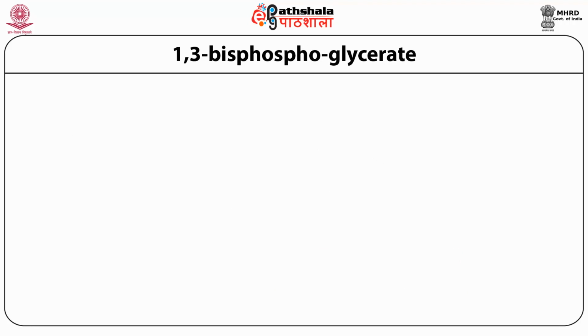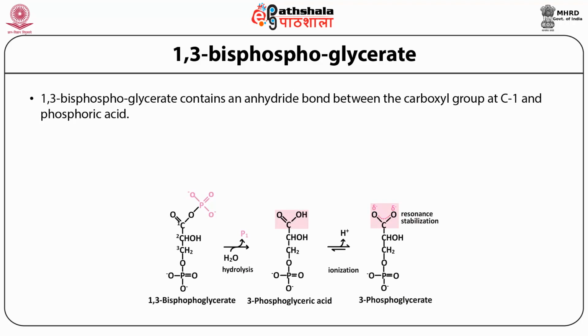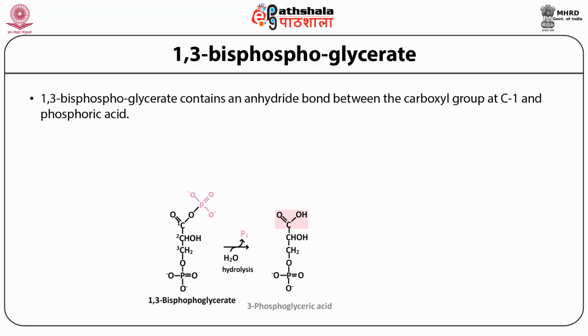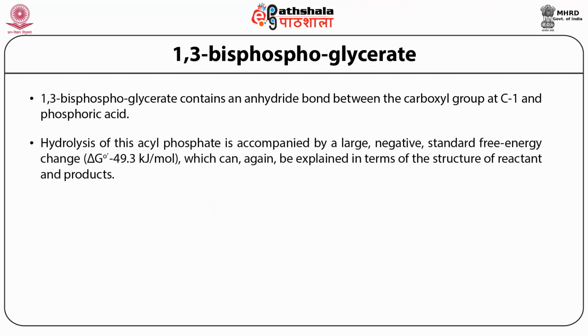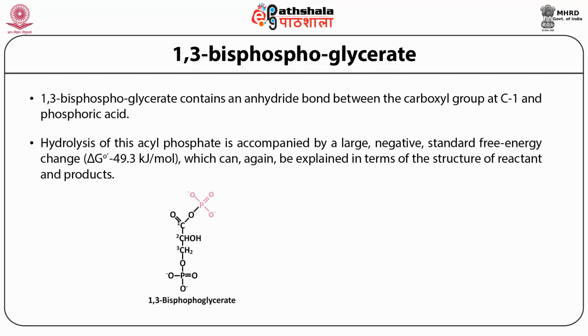After discussion of the other high energy compounds, let's discuss the high energy compound 1,3-bisphosphoglycerate. This 1,3-bisphosphoglycerate contains an anhydride bond between the carboxylic group at C1 and phosphoric acid. During hydrolysis, this phosphate is released from the carboxylic group, and this has a delta G of minus 49.3 kilojoule per mole.